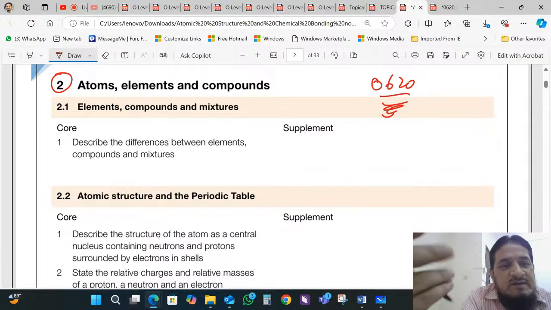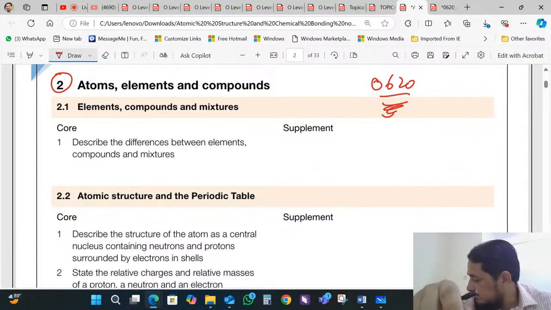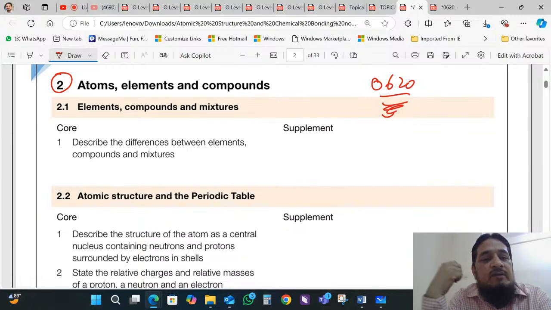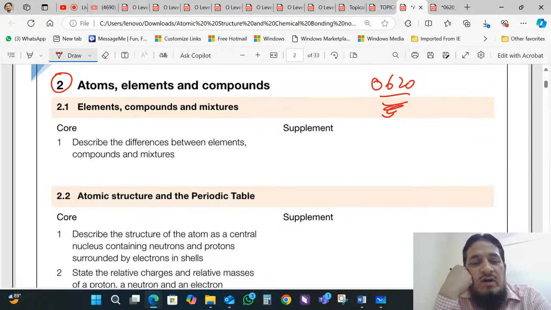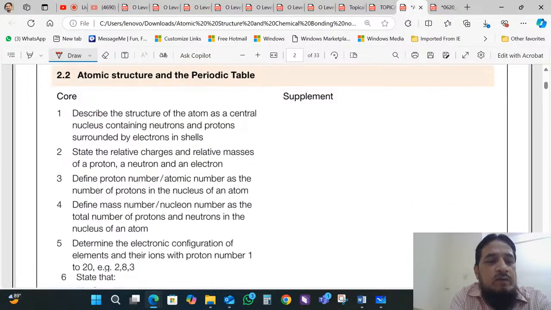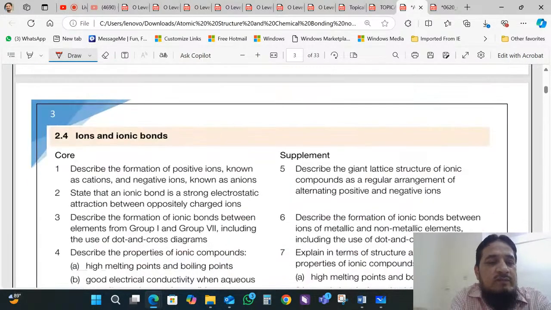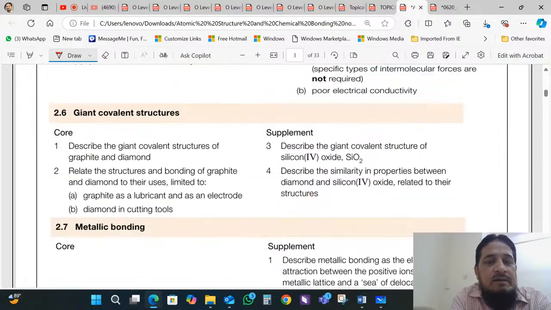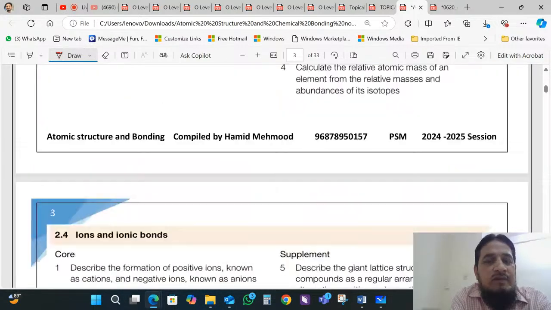This is divided into further subsections, and we will be trying to revise all of the key content here. You can see 2.1, 2.2, then 2.3, 2.4, 2.5, 2.6 and 2.7.